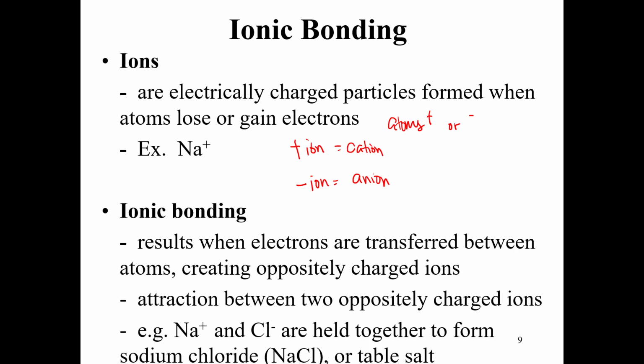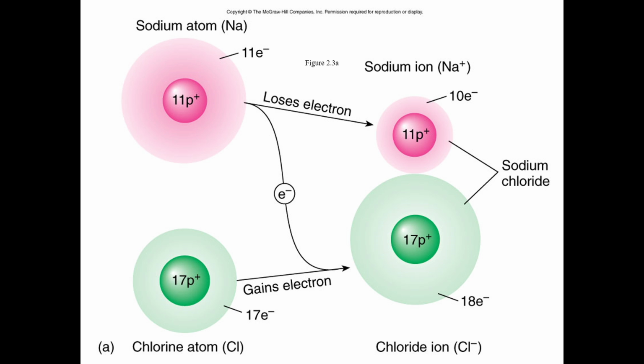sodium and chloride. So sodium is positively charged and chloride is negatively charged. When they are held together or bond together, they form sodium chloride or your table salt. How do they form? They form because sodium tends to lose electrons while chloride tends to gain electrons. So when sodium loses one electron, that electron will actually go to your chloride.